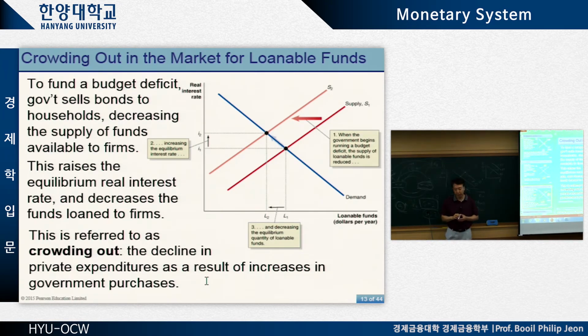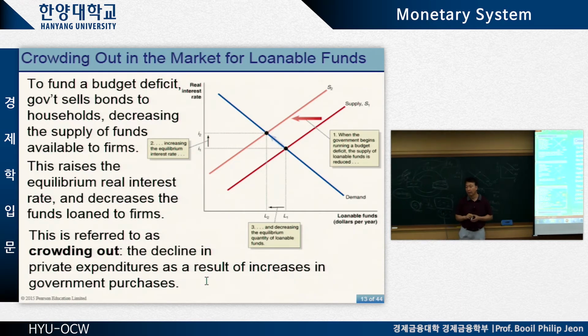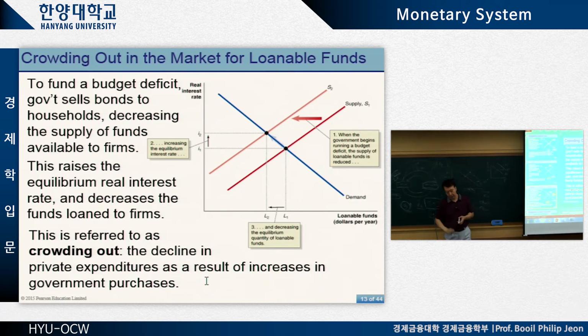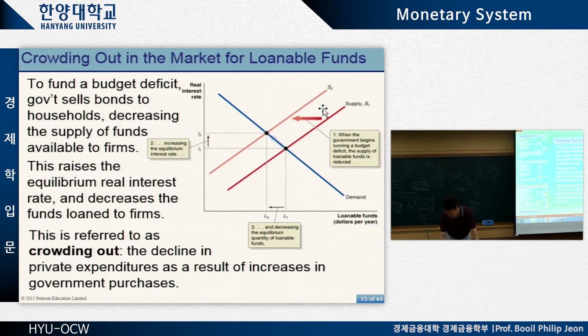How does the government borrow money? They issue bonds. Government bonds will be purchased by households, which means that they'll have less money to bring to the bank.